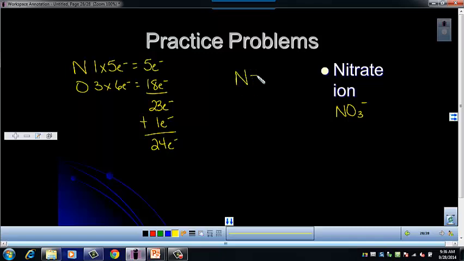Nitrogen's going to go in the center. We're going to hook 3 oxygens to it. That's a total of 6 electrons. That leaves us with 18. We're going to give each of our outside atoms a full octet. They each have 2 in the bond, so they get a total of 6 more.